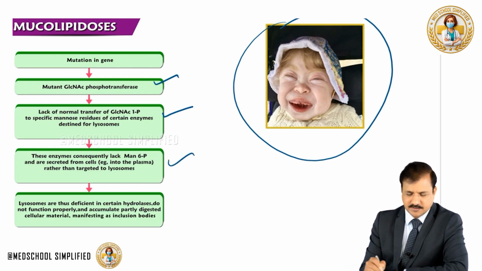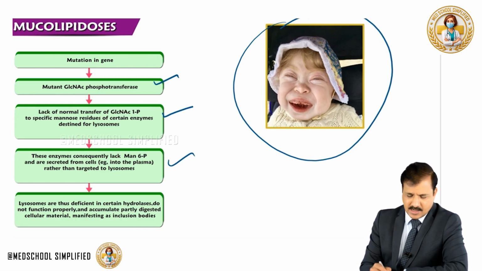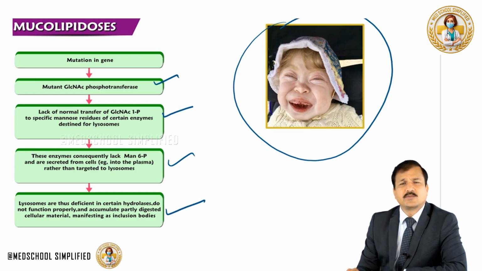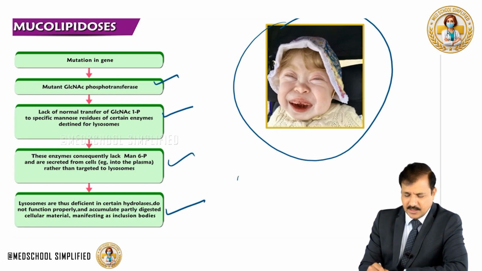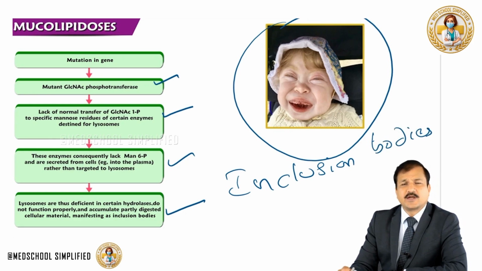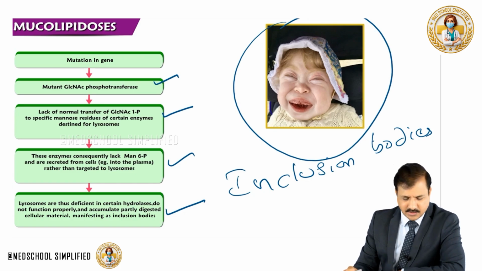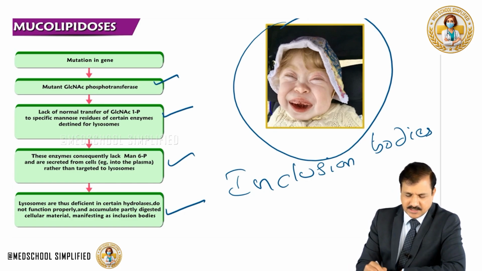So that's why lysosomal enzymes are going out into the extracellular matrix, and eventually their levels are elevated in the bloodstream, and this leads to accumulation of all kinds of material in the lysosome, giving rise to inclusion bodies. These inclusion bodies are carbohydrates, proteins, lipids, nucleic acids, everything being accumulated, and lysosomes become big. So, that's what is inclusion cell disease.